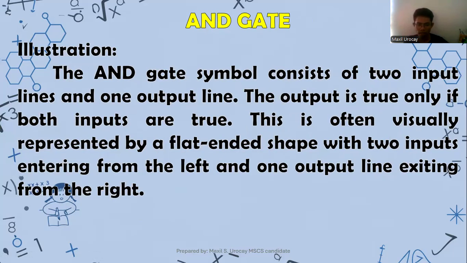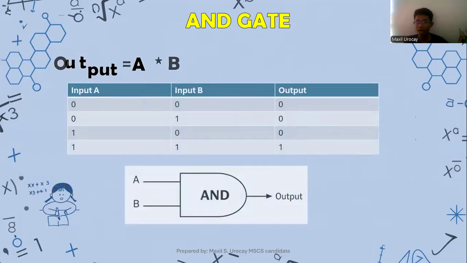So the form is like this. Say for example, we have this input for A, and this for B. We will begin to draw A and B, that is represented as A times B. So for this one, that is represented like this. So that is AB already. That is how you will work with the AND gate.